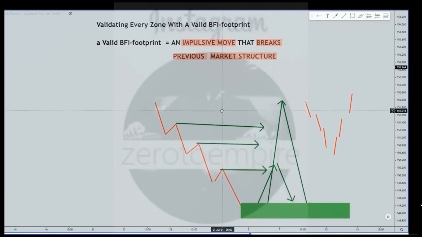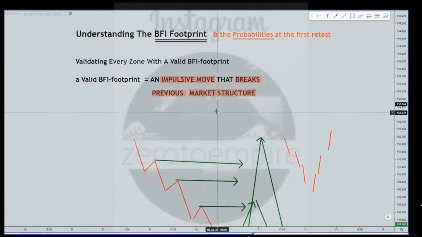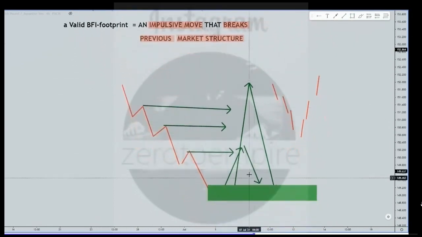Like we said here, there's probabilities at the first retest, which means how many swing points did it break? How much market structure was broken?